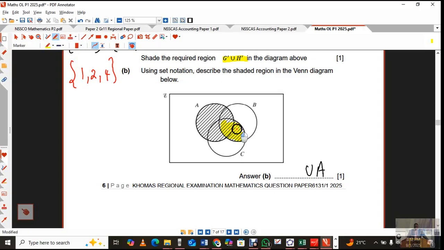Only this region here. Well, that region represents the intersection of B and C. So it's B intersection with C. You can go ahead and put it in brackets. And that intersection with everything in A. Okay. Right.